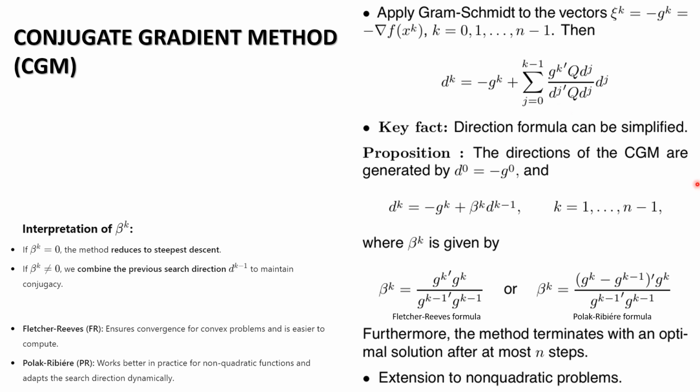Key fact here is that the direction formula can be simplified. Instead of computing a full Gram-Schmidt correction term, we can recursively define the new search direction dk as a new direction where the first term is the negative gradient and the second term determines how much of the previous direction should be retained.